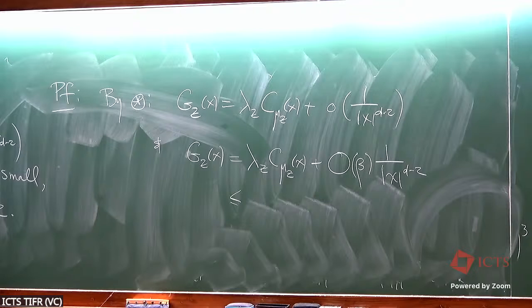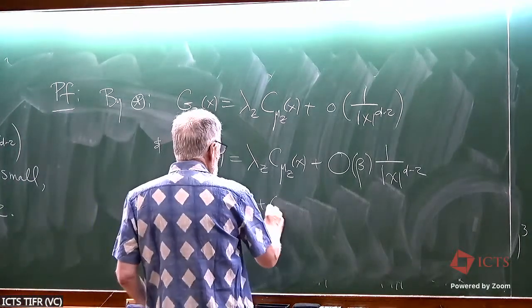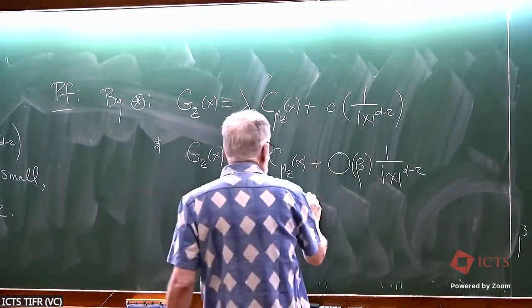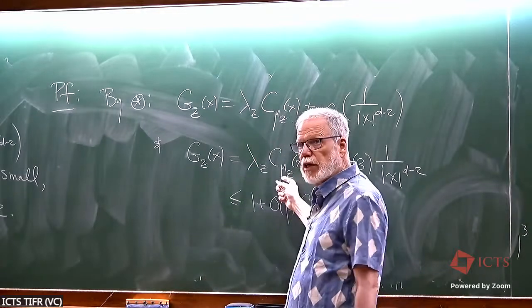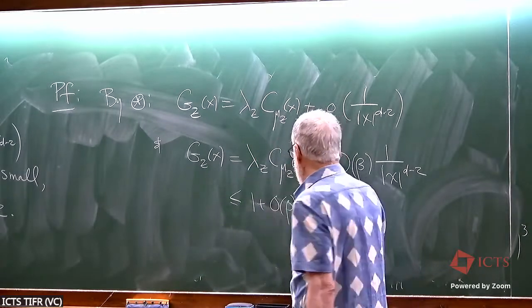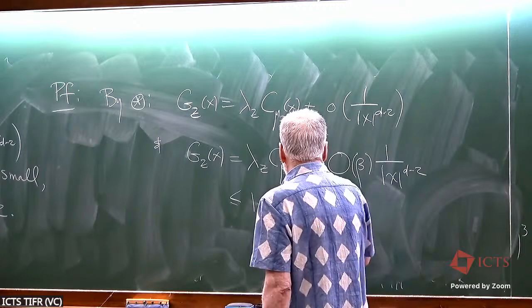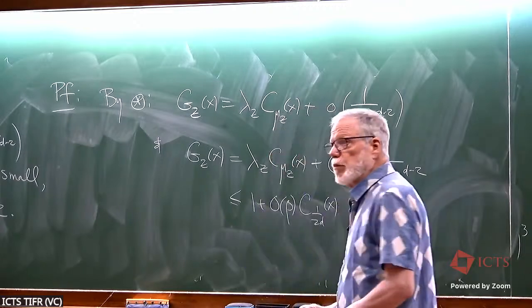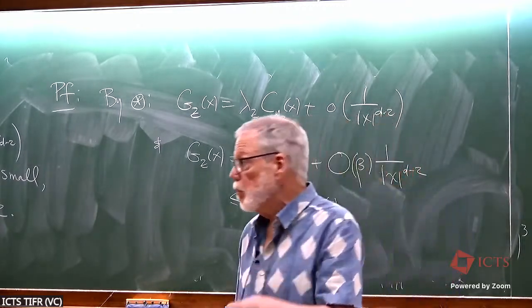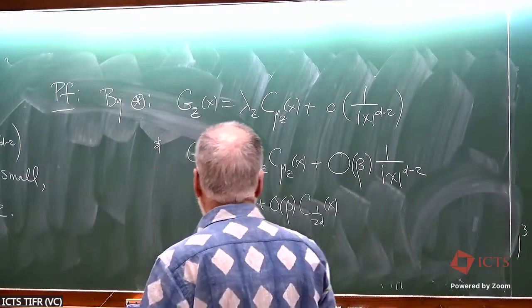So in particular, I know that lambda is 1 plus order beta. So this is less than 1 plus order beta times c. And I take the worst mu_z, which is 1 over 2d. Mu_z was less than or equal to 1 over 2d.